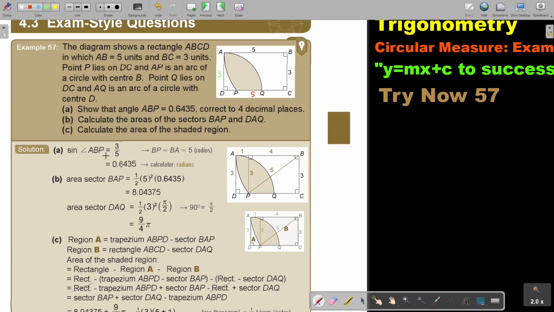Now, if I'm going to find this, these are the extra lines. I showed you here, and I'm going to bring a color in so that you can see it. If this is 5, remember that is going to be a sector, and there is the arc. Do you see there? Now, if I want to find angle ABP, this angle: if this is 5, then this is 5.